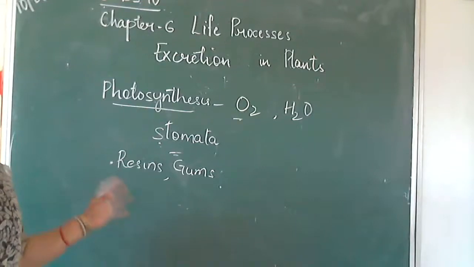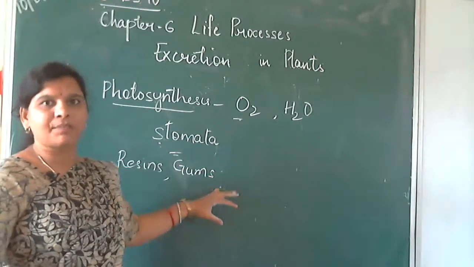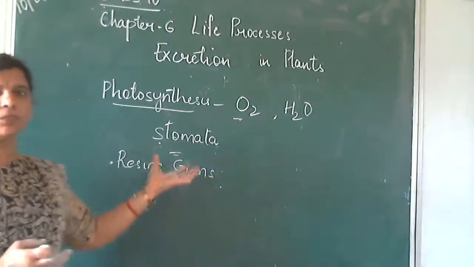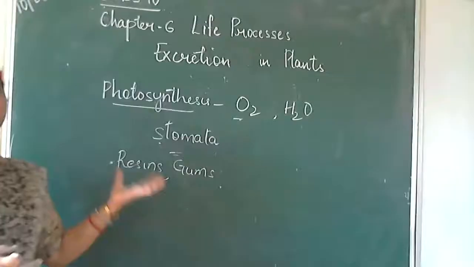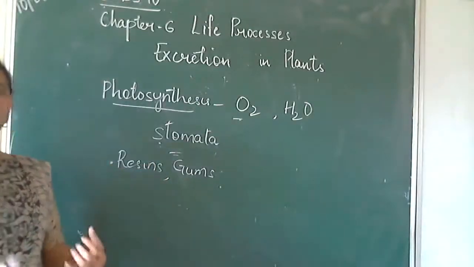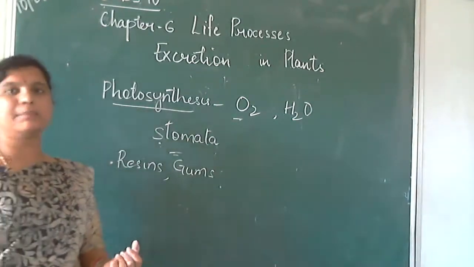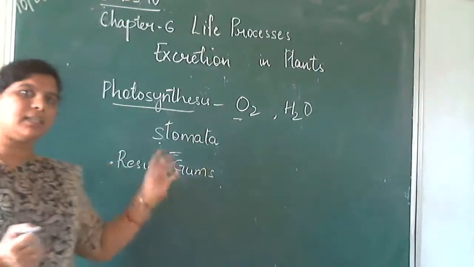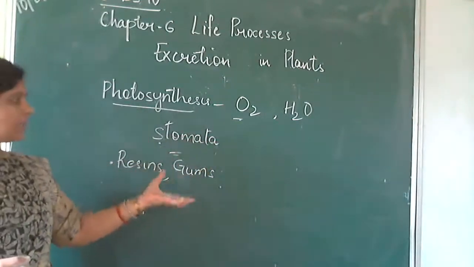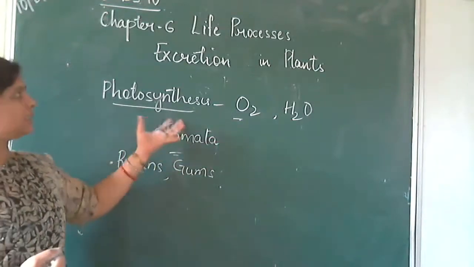Some plants store it in the bark, and we have studied in your 9th standard that most of these plant tissues are dead cells. So in these dead cells, the waste will be accumulated. You might have seen especially in the neem plant, in the bark, the resin or the gum which is present. So this is how excretion happens in plants.